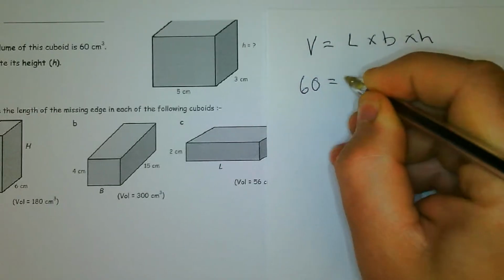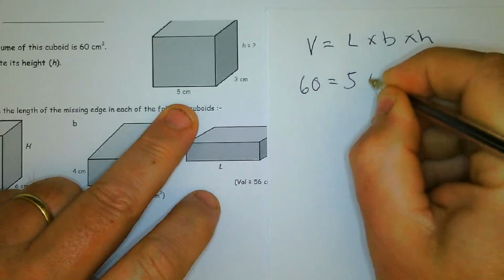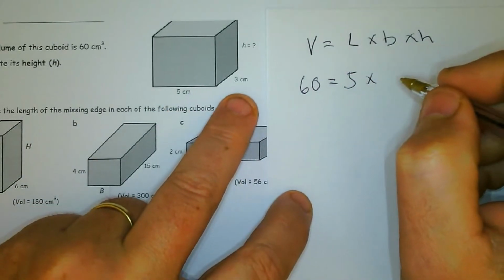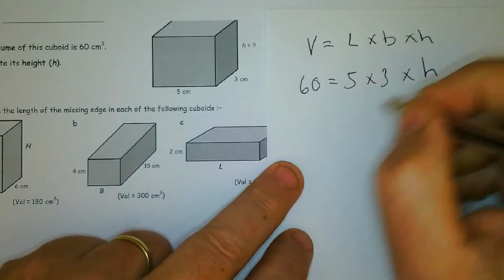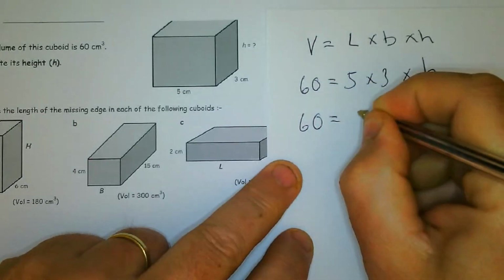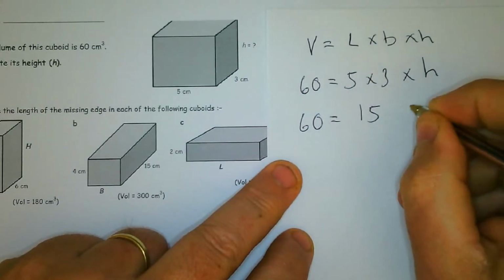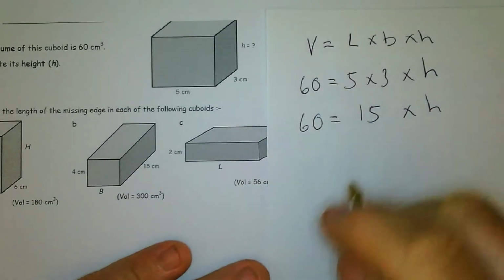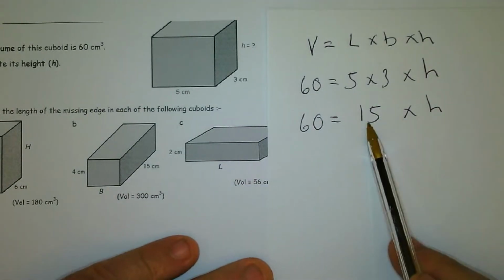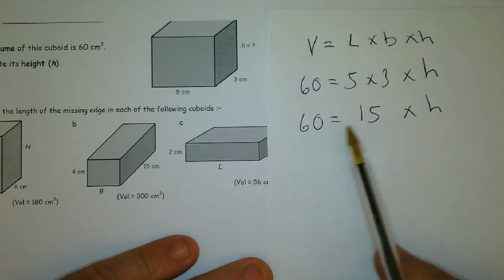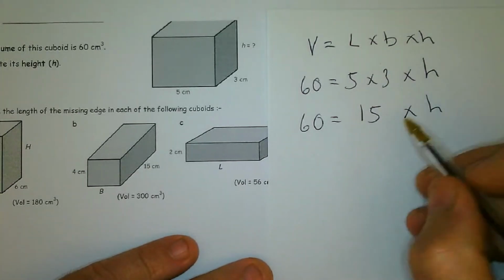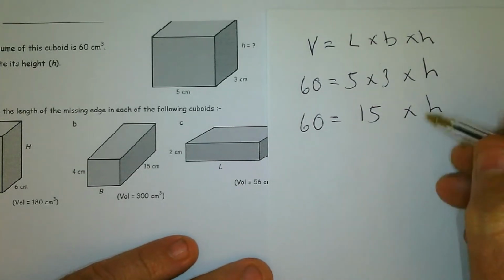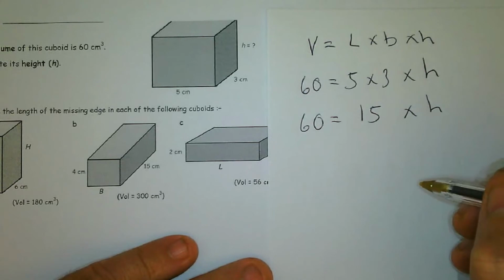So 60 equals, well, there's a length 5, and the breadth is 3, and we don't know H. So 60 equals 5 times 3 is 15, times by H. So some number times by 15 gives me 60. Now you should probably work this out. The answer would be 4. Okay, it's 4. 4 times 15 is 60.